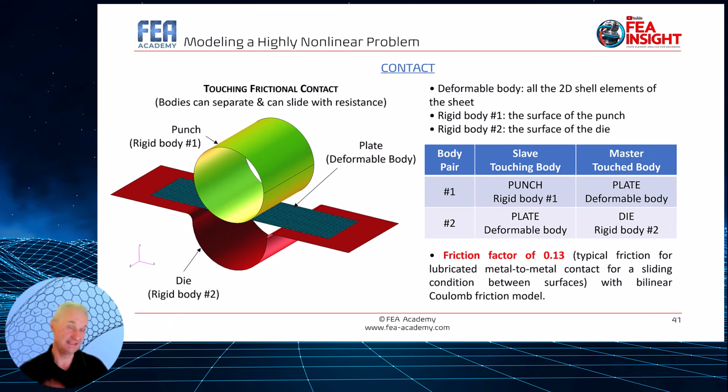Again, this factor comes from literature, and it is a typical factor. You can adjust this factor depending on your own problem, depending on the material of your problem, and depending on whether it is a lubricated or not lubricated problem. This is usually published in literature.